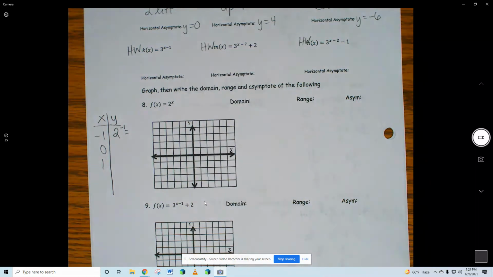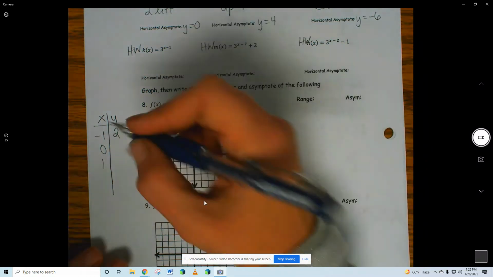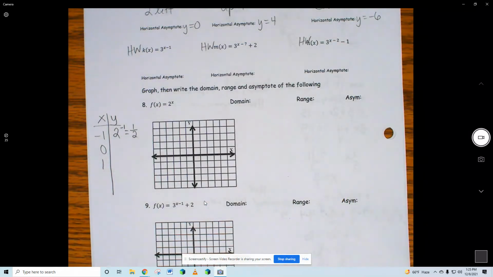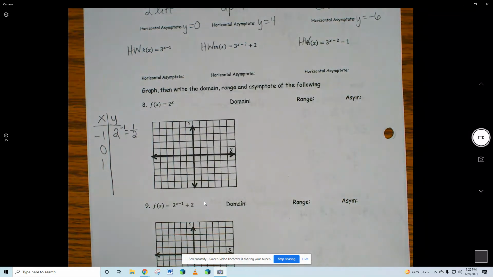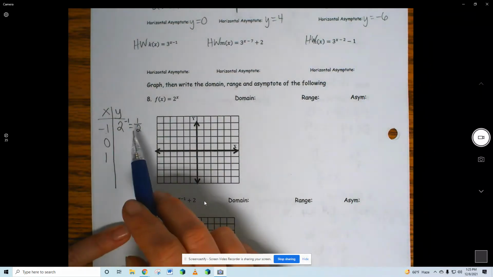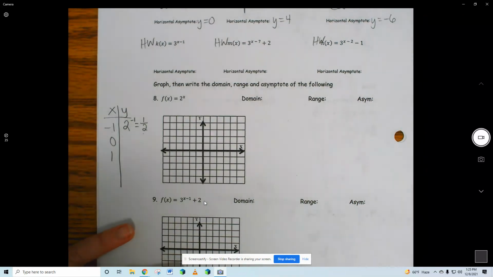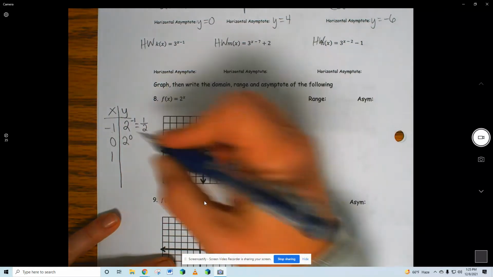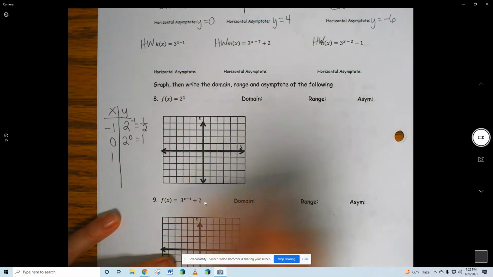It flips. So the 2 to the first drops down to the bottom. It's just 1/2. So my ordered pair is negative 1, 1/2. 2 to the 0. Anything to the 0 power is 1. Great job. My ordered pair is 0, 1.